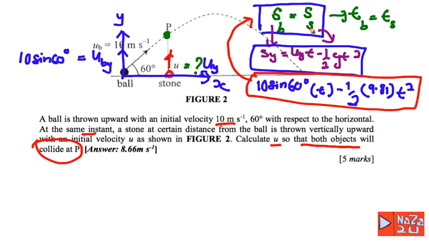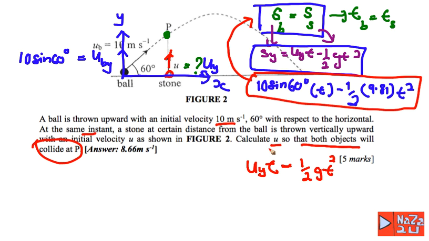So what happens to SS? You use the same equation. For the stone we have only Uy, because there is no value of Ux. Uy is the initial value of the stone, times t, minus half g t square.